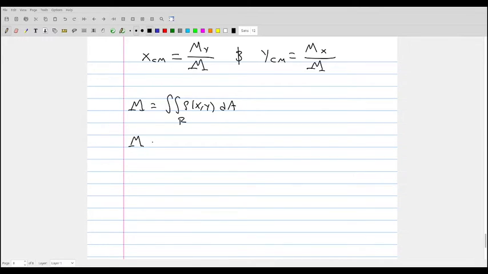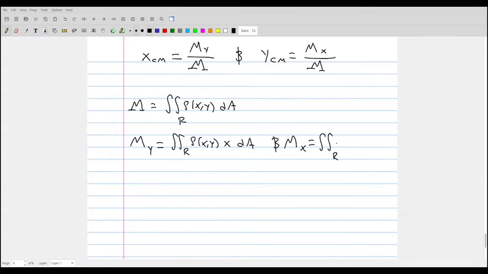The y moment of the lamina is the integral in the numerator of the x center of mass, which is the integral over R of the density function times x, and the x moment is the numerator in the y center of mass.